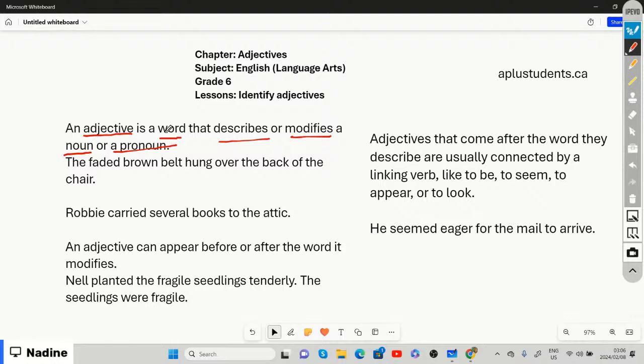If we were to identify the adjectives, then we can either say it is the brown belt or we can say the faded brown belt, because that is basically describing the noun, which is the belt.